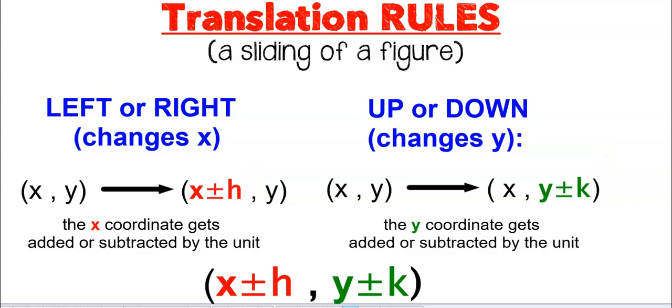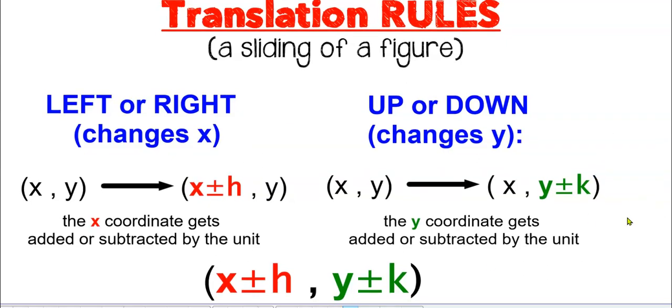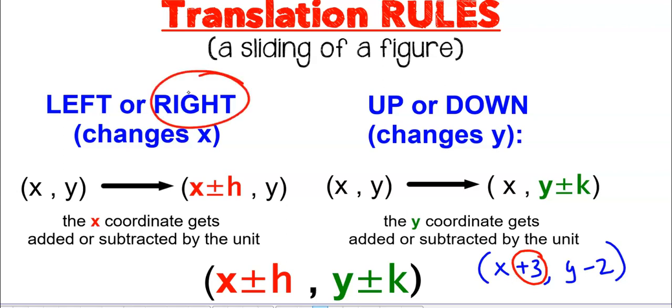When you are given directions on how to translate a shape, it will be written in this format as you see it down at the bottom of the screen. For example, you could have something that says x plus 3 and y minus 2. So the plus 3 indicates a move to the right.